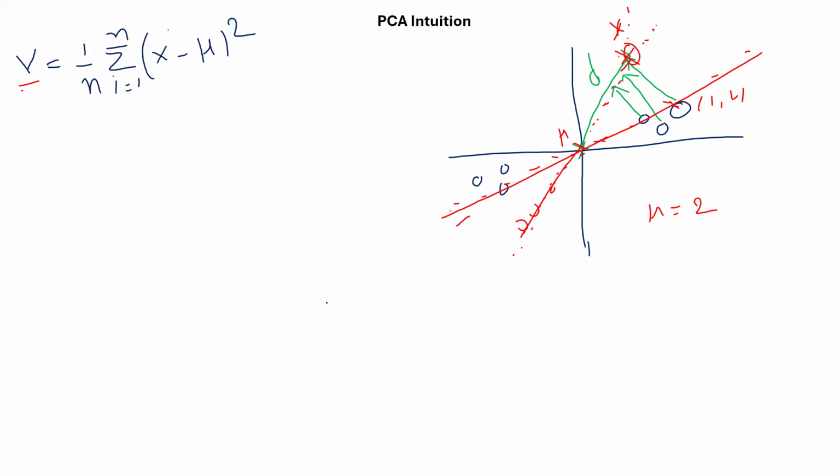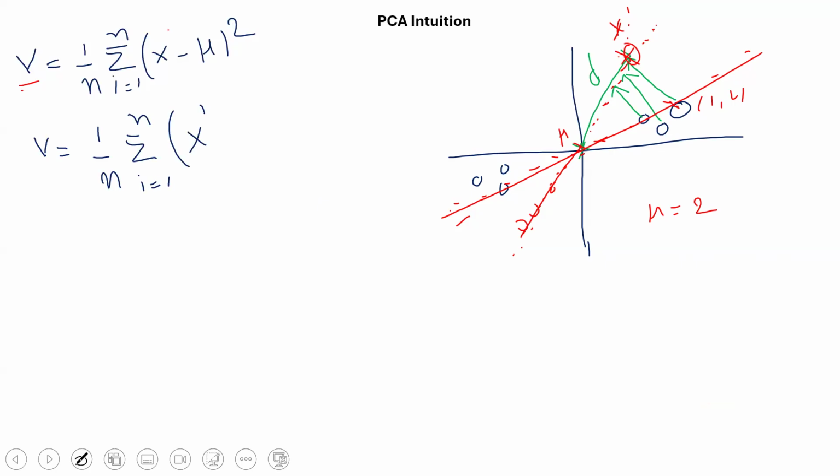Xi is the original point. Now we are trying to find out the variance of the projected points, so I'll replace x with x cap. X cap is nothing but the projected point of this point. If I say this is x, this will be x cap. So this is the original point and this is the projected point, and mu will become mu cap. Mu will also be the projected point. If mu is somewhere else, when I project it onto this PC1, that becomes mu cap.